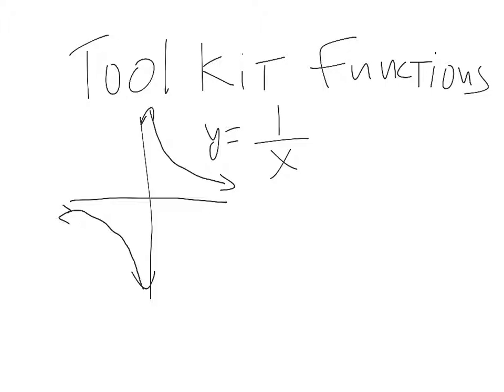Some things to keep in mind about this: as x approaches negative infinity, y approaches 0. And as x approaches positive infinity, this y value gets lower and lower until y approaches 0.